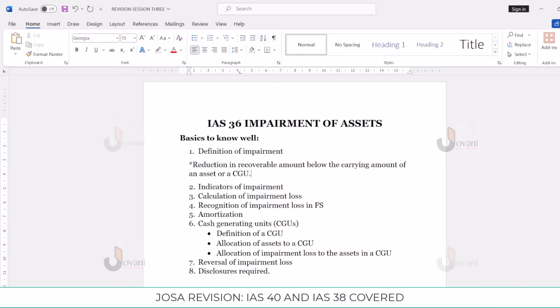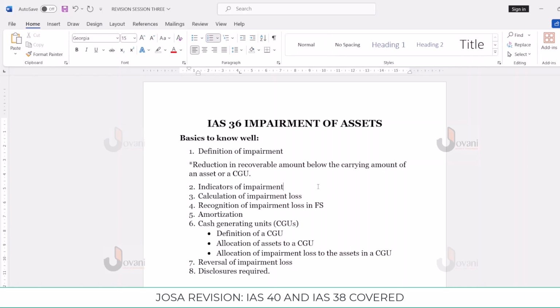However, in the exam, if you can remember that impairment occurs when the carrying amount of an asset is above the recoverable amount, you also get the mark.